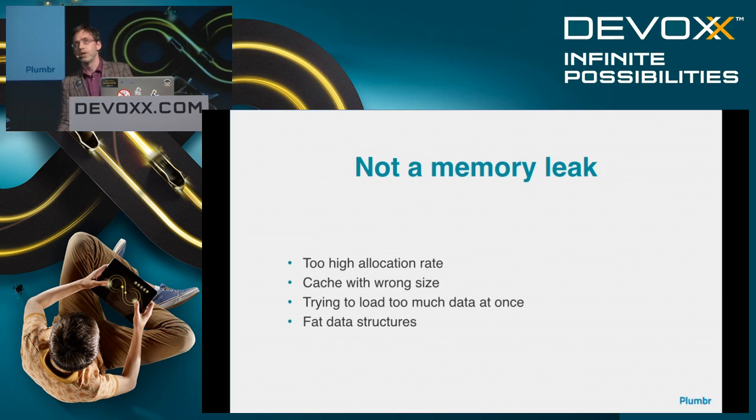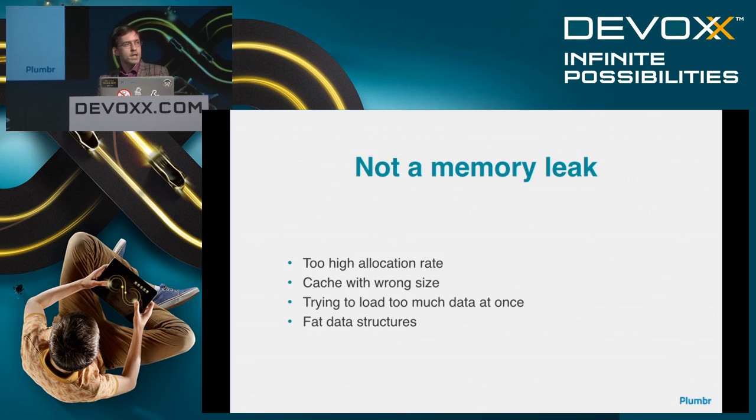It's a very usual situation. It's a very big problem for some low latency environments. For example, in financial trading, they monitor the allocation rates very closely, because that can be a problem, but that's not a memory leak. That's garbage. It will be thrown away, but it's just too much garbage.